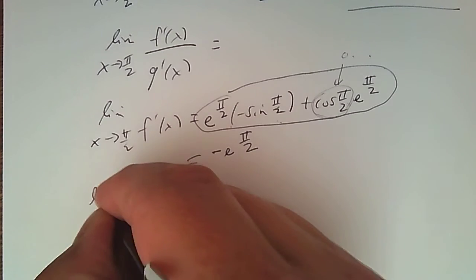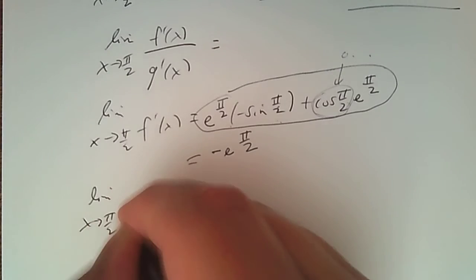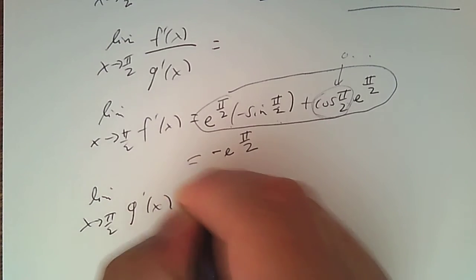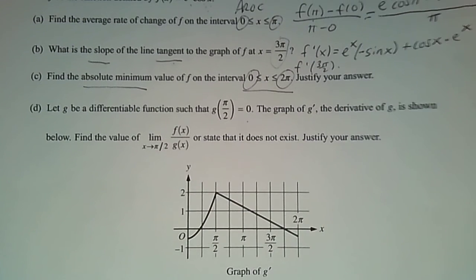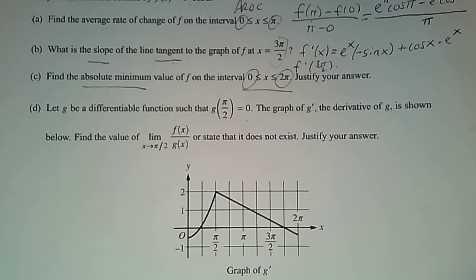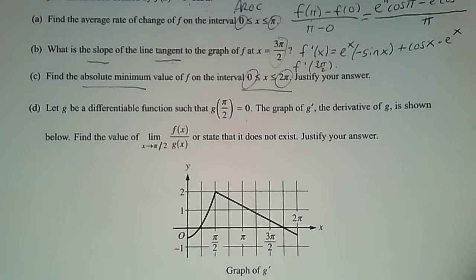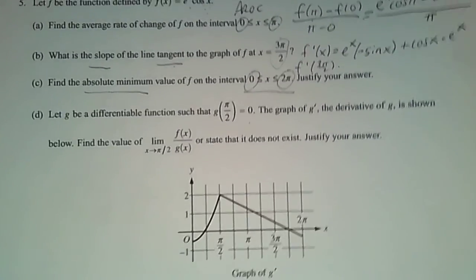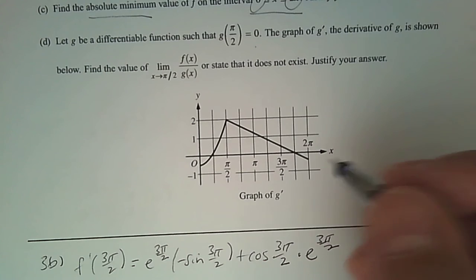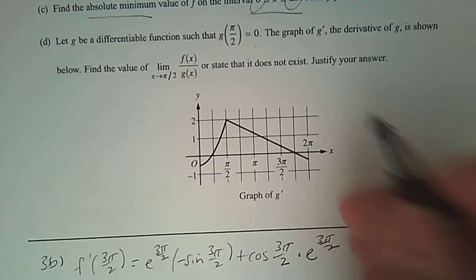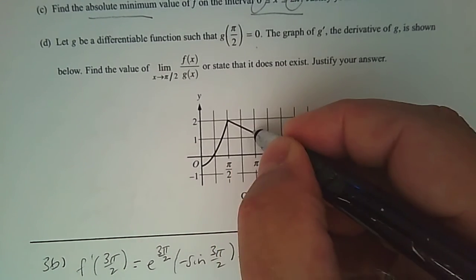The denominator: the limit as x approaches pi over 2 of the derivative of g. That's where we're going to have to look off of here and figure out what the derivative of g is when it approaches pi over 2. So this is the derivative. Now, what they want you to be confused by is that there's a cusp.